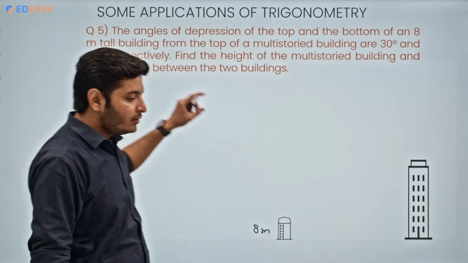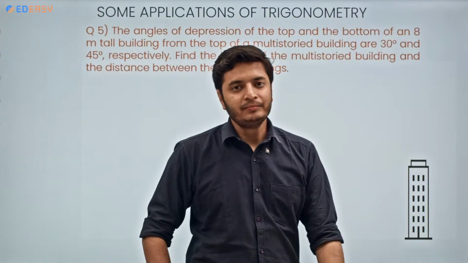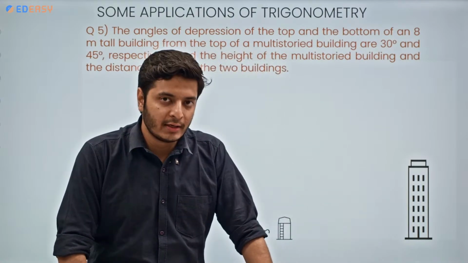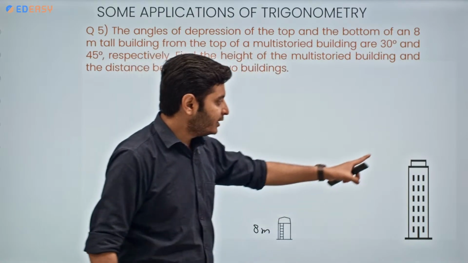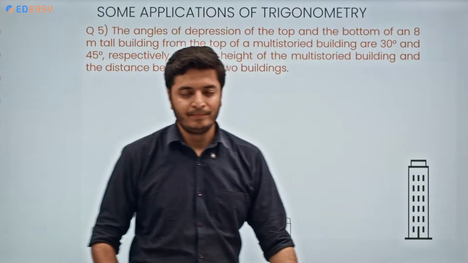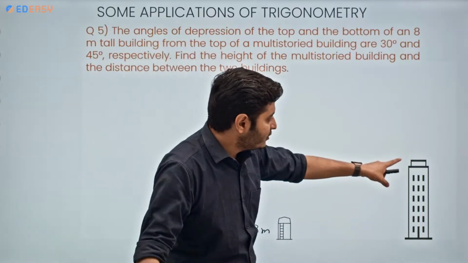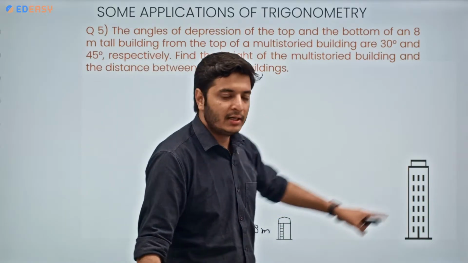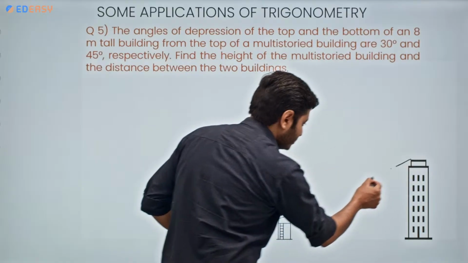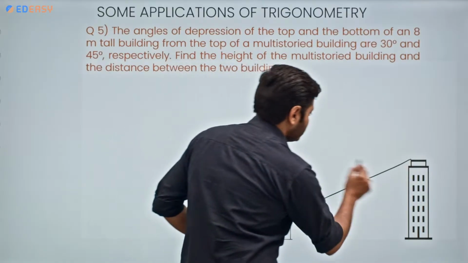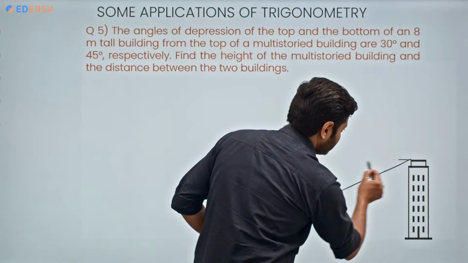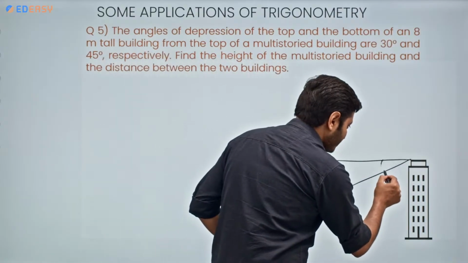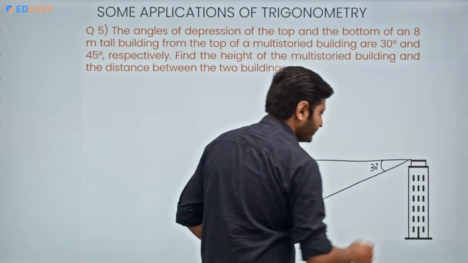But according to the first line, someone is looking at this building from the top of the multi-storied building. If someone is looking at the top of the smaller building from the top of this multi-storied building, then the angle of depression he creates, where this is the horizontal level, correct, is 30 degrees.